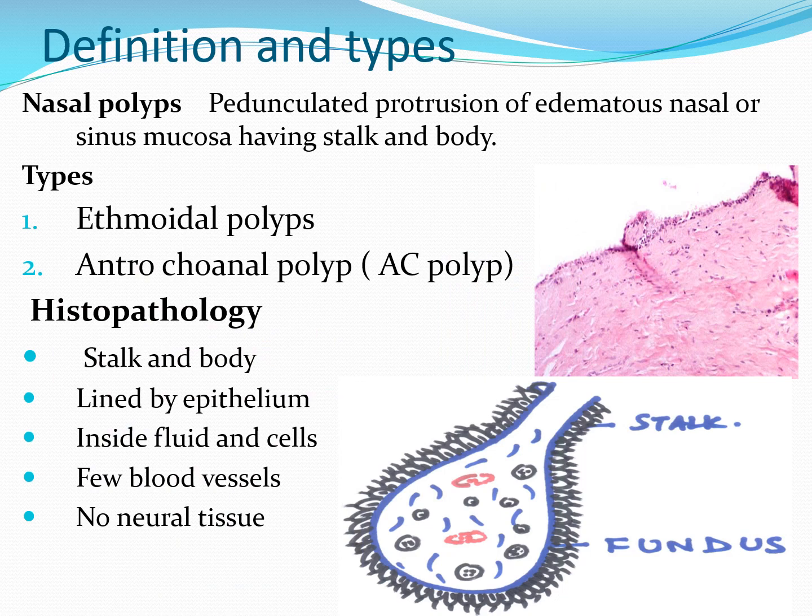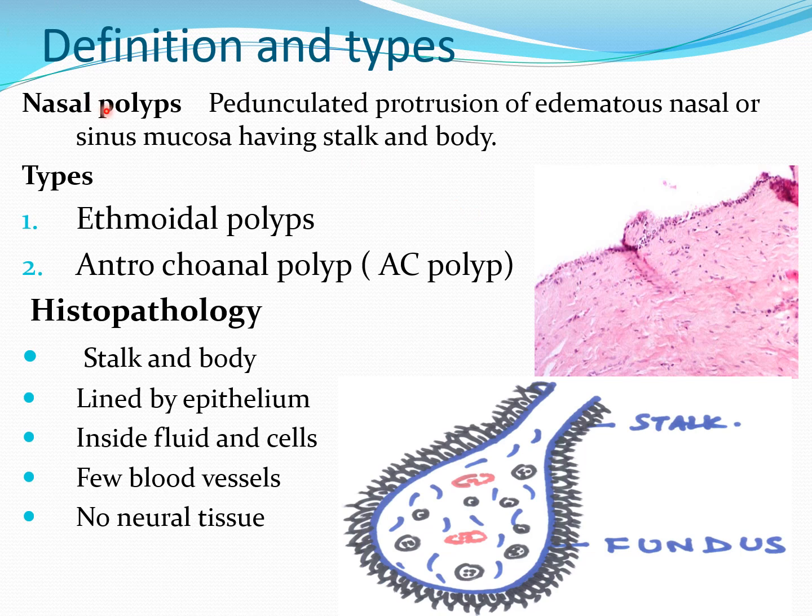So there are two etiological factors, that are infection and allergy. So there are two types of nasal polyps. One is ethmoidal polyp and the other is enterochoanal polyp. And the etiology is based on infection and allergy.